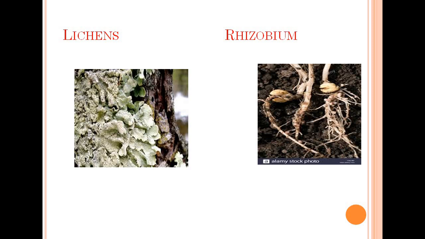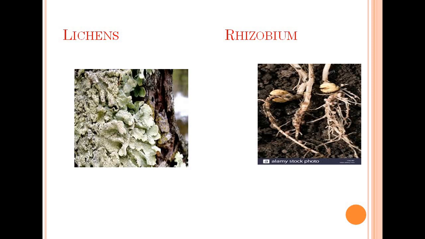We know that plants are not able to take nitrogen directly from the atmosphere. They can only take nitrogen in its compound form, and this is one of the helps provided by the rhizobium to the pea plant.